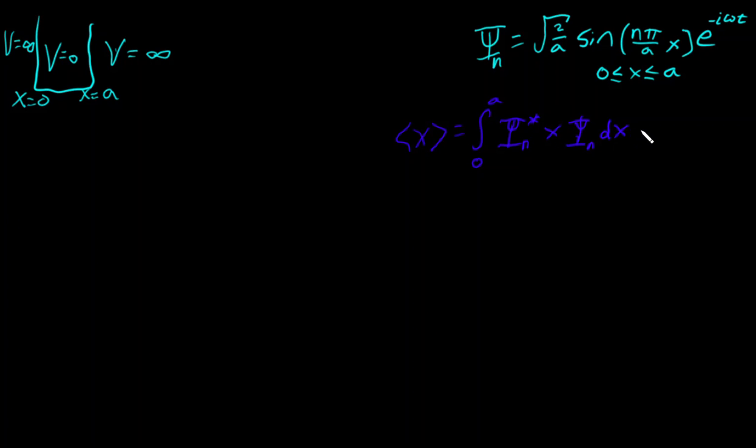It may depend on t if we have a superposition as you saw, but for the stationary states, they're not moving, so how could the position or the momentum depend on time? The probability density is not changing in time.